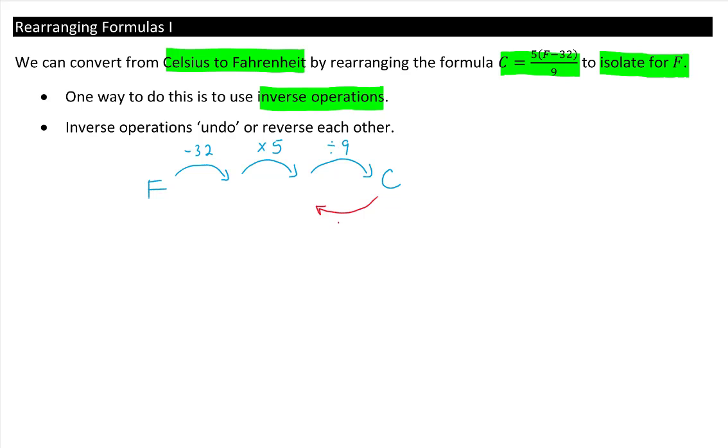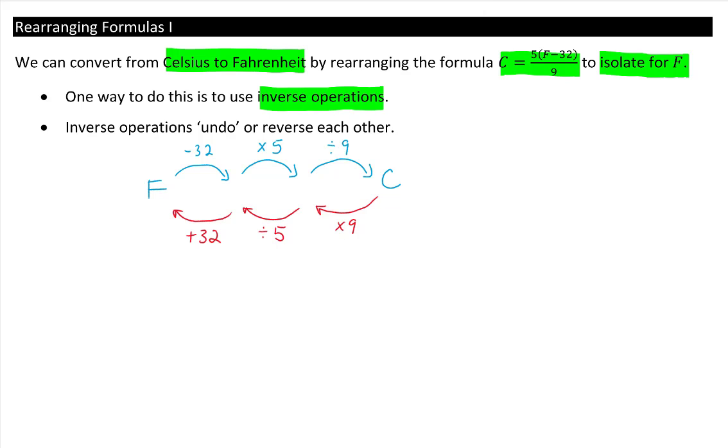So dividing by 9, the opposite operation is multiply. Timesing by 5, the opposite operation is dividing by 5. And subtracting 32, the opposite operation is adding 32.